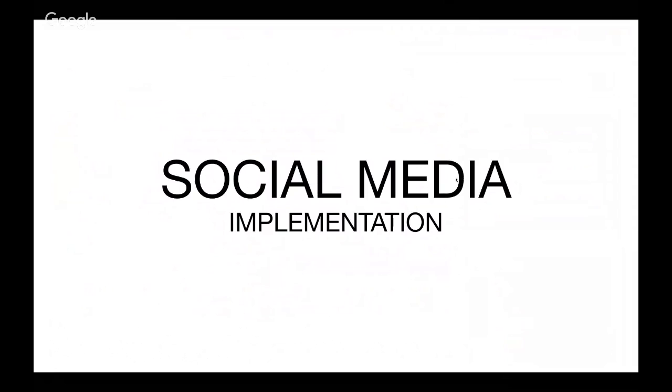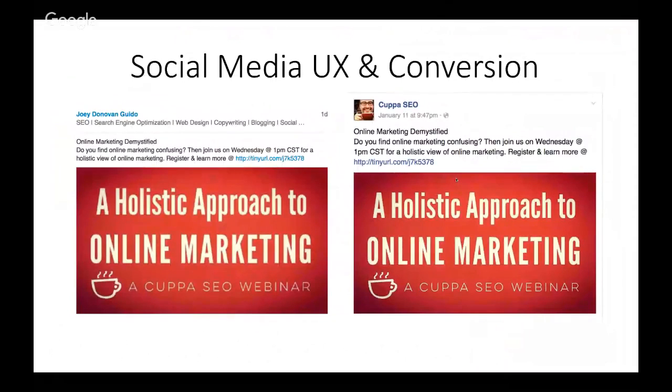Okay? So right here, don't worry about reading any of this. It's more here for an aesthetic example. Okay? On your left is a LinkedIn post. Okay? On the right is a Facebook post.